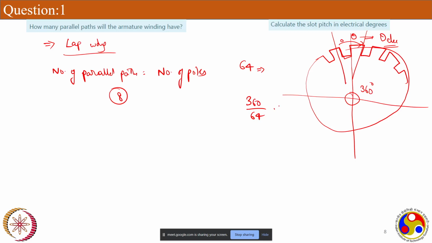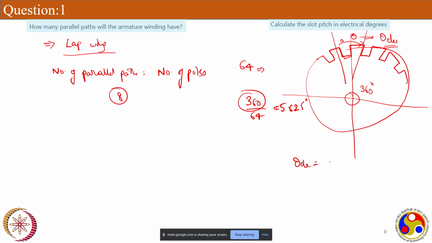How much is 360 by 64? It's around 5.625. So this 360 is nothing but the mechanical angle, so that's the mechanical angle. But what they're asking for is the electrical degrees.